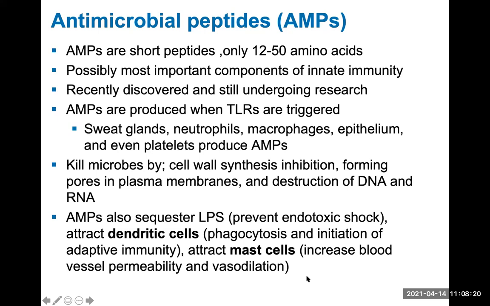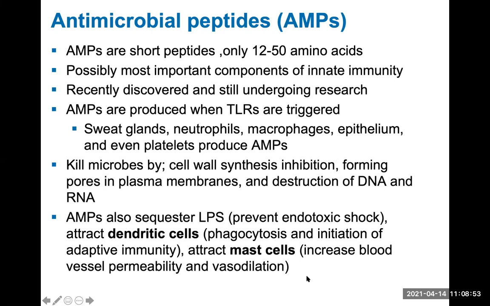But we also see another important function of AMPs is to sequester, or group together, and get rid of LPS. LPS, lipopolysaccharide, we talked about, when there's enough of it, it can cause an overstimulation of the immune system, which would lead to shock. We call that endotoxic shock. So AMPs are really good at helping to reduce the likelihood of endotoxic shock.